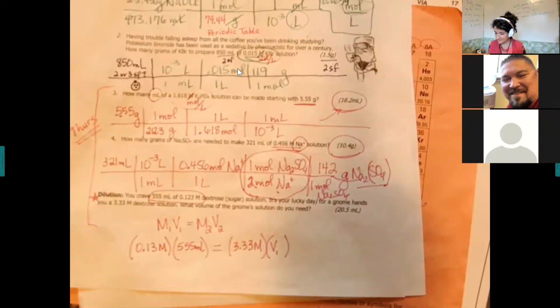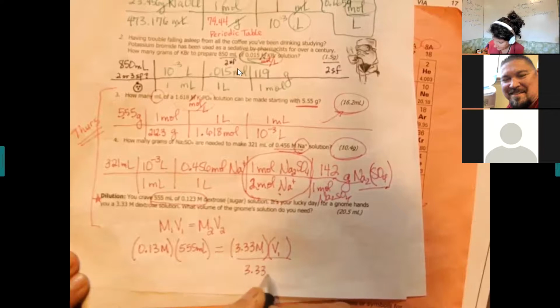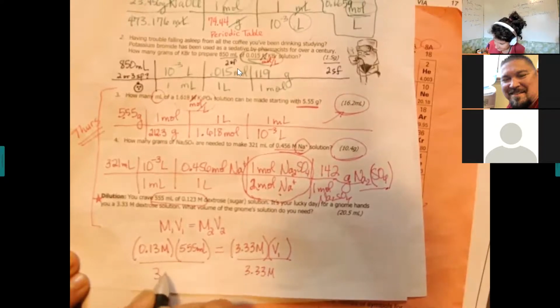And then what we're trying to find is the new volume. Now you can just set it up like this. We would divide by the 3.33 and so this is my concentrated solution, higher concentration. This is diluted.